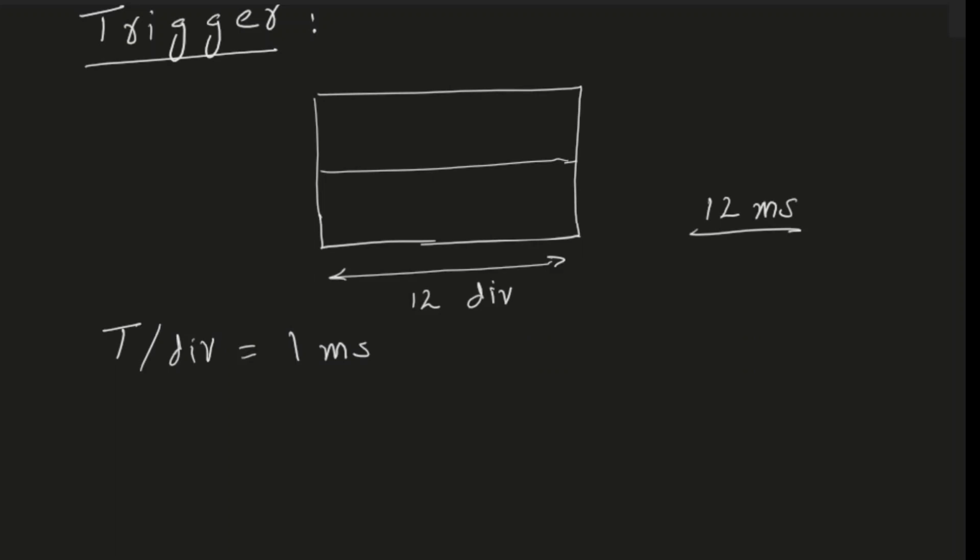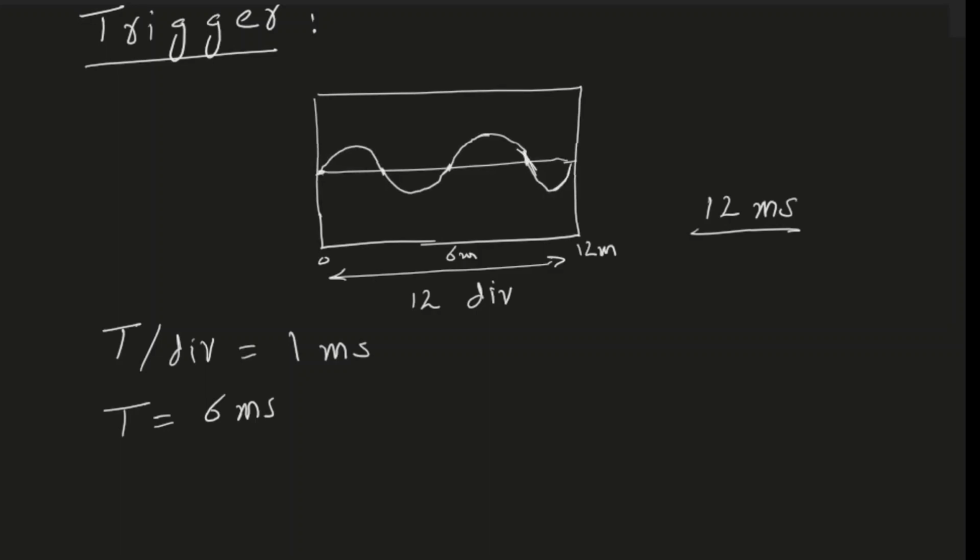Now consider that I have connected a sinusoidal signal to the probe of the oscilloscope, and that signal has a time period of 6 milliseconds. So this is half. So you see, let's say this is our 0 point. This would be 6 milliseconds, and here we have 12 milliseconds along the x-axis. So the time period is 6 milliseconds. Therefore, I should be able to see a waveform that looks like this.